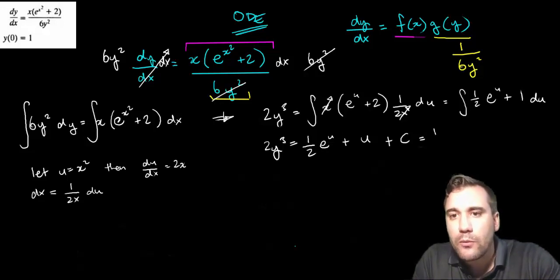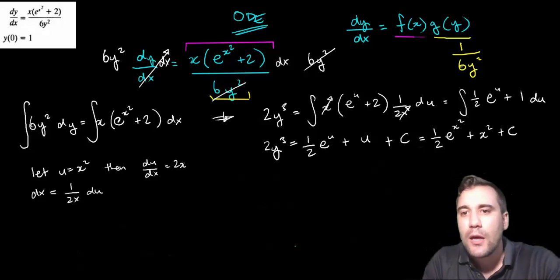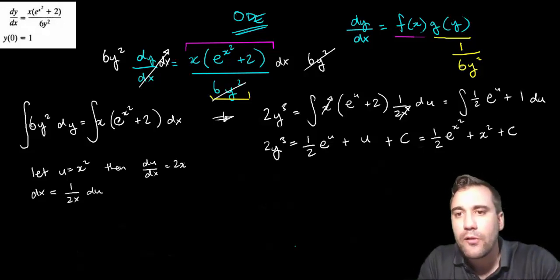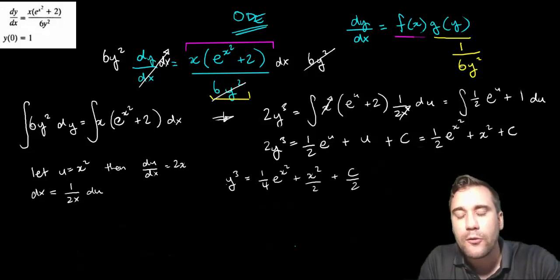So this is going to be equal to 1/2 e to the x squared plus x squared plus c. If we now divide both sides by 2, what we will get is y cubed is equal to 1/4 e to the x squared plus x squared on 2 plus c on 2.